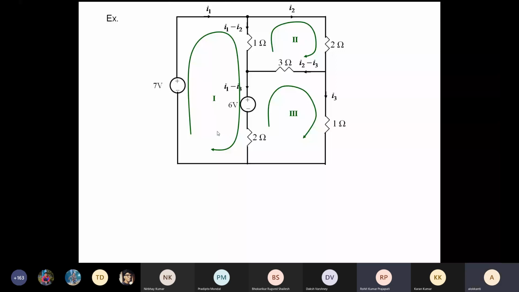I don't know whether a value like 2.99 will come. You need to check. Suppose you consider the left mesh. Whole numbers should come, it's exact.